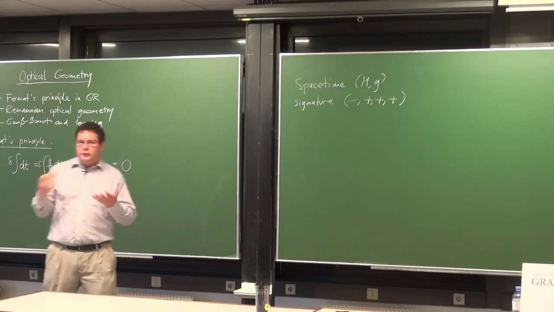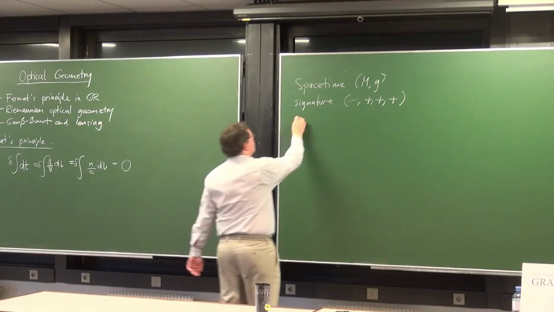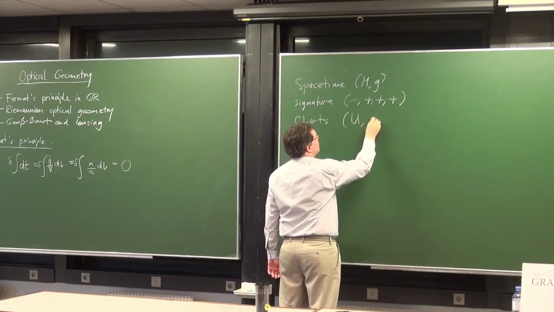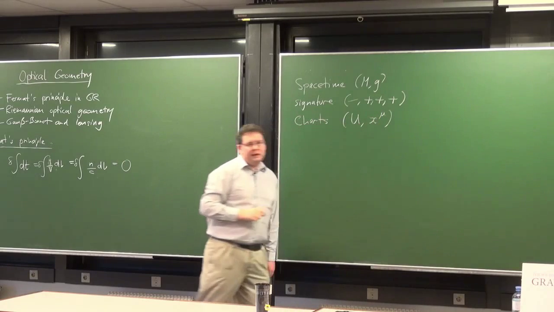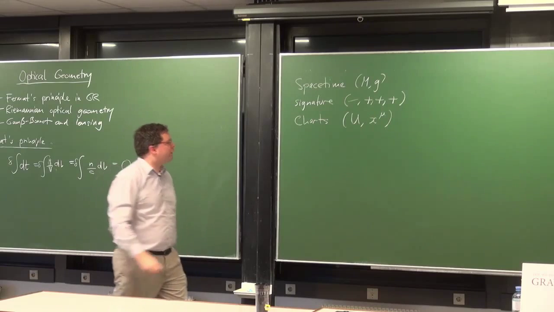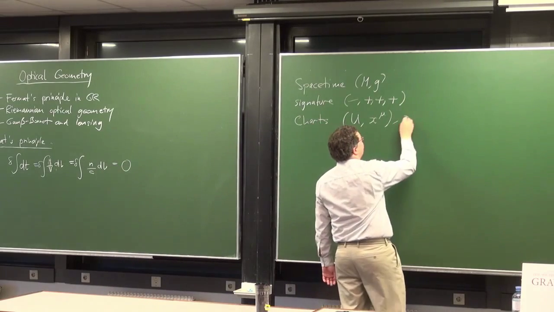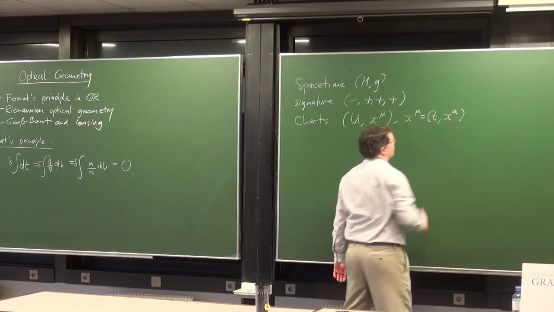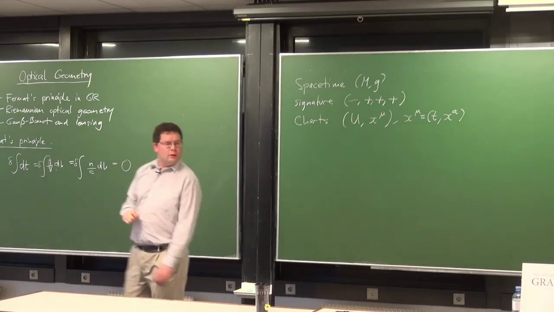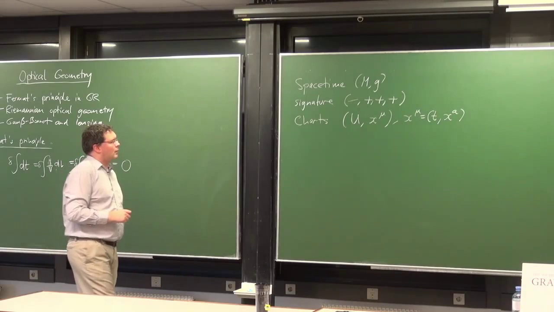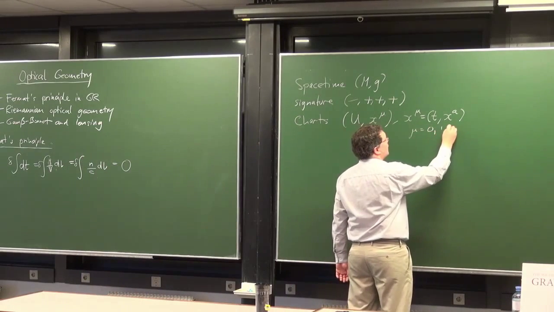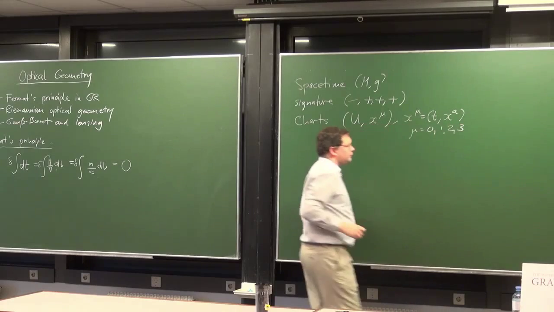And I'm going to work in local charts, of course. I'm using the Greek indices to denote coordinates in the space-time, and Latin indices to denote spatial coordinates, and mu then runs from 0 up to 3.